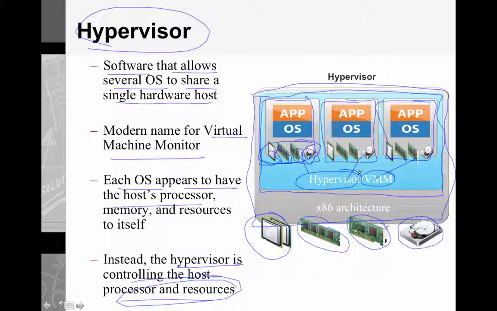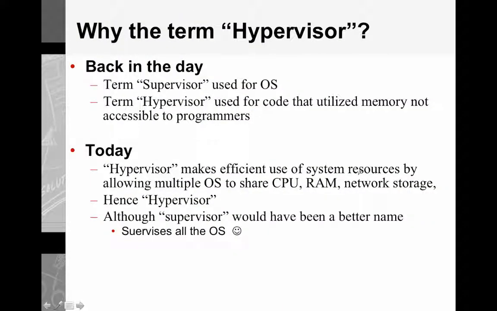Why is it called the hypervisor? Well, back in the day, the term supervisor was used for the operating system. The term hypervisor was used for code that utilized memory not accessible to programmers. These were some special calls that they would make in order to make the most out of memory.